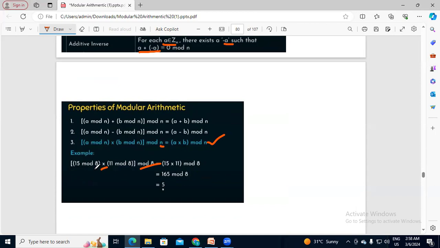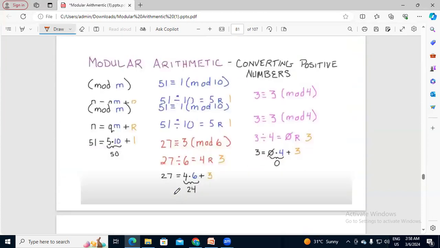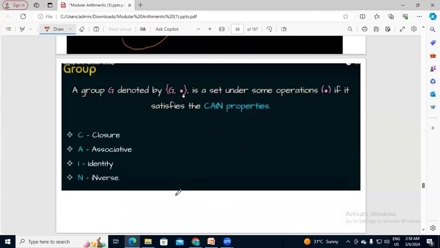Otherwise, if here 7 is there, here 6 is there, here again 7 is there, and you try to use this formula, it will not work. The n should be the same, right? So in this case, what you have to do is (15 into 11) mod 8, 165 mod 8, and the result will be 5.